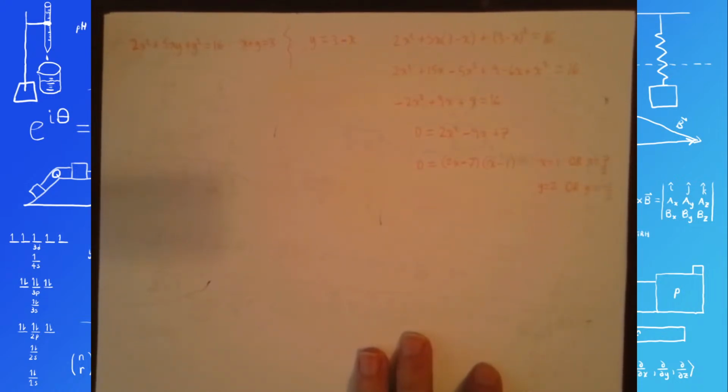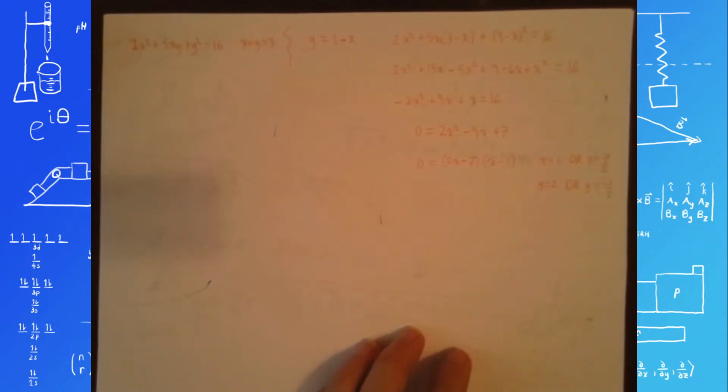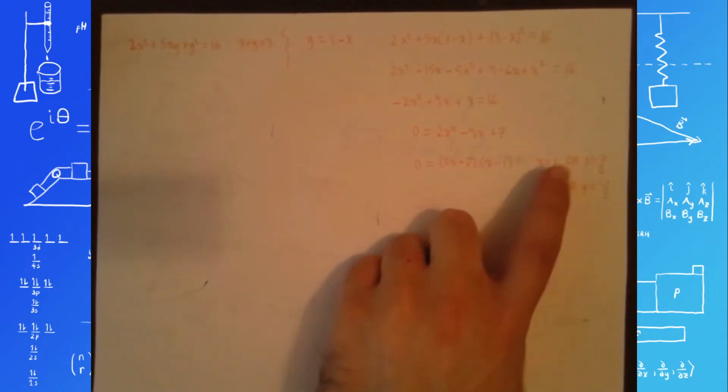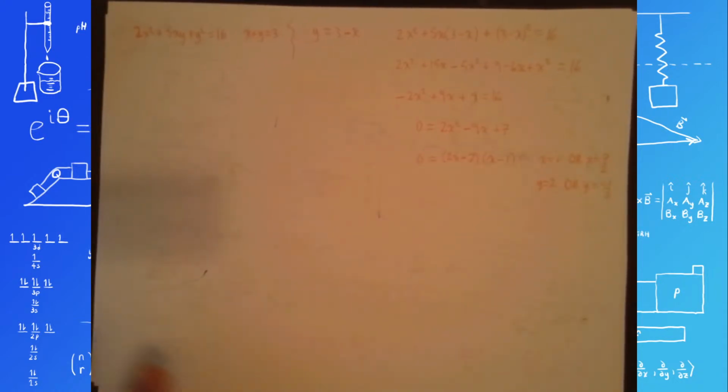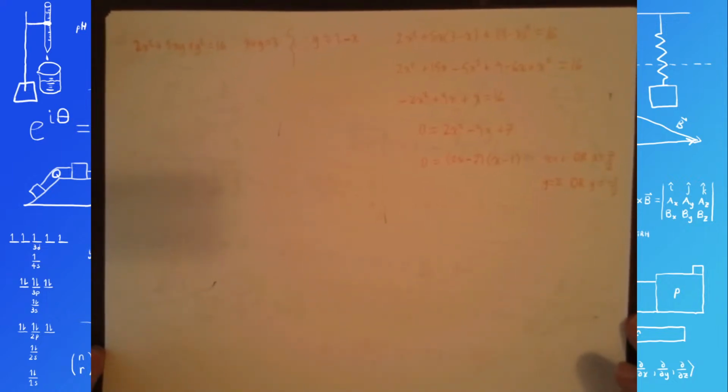So you've got two possible solutions, 1 and 2, or 7/2 and negative 1/2. Those are your two possibilities. And I believe they both work if you plug in those pairs.